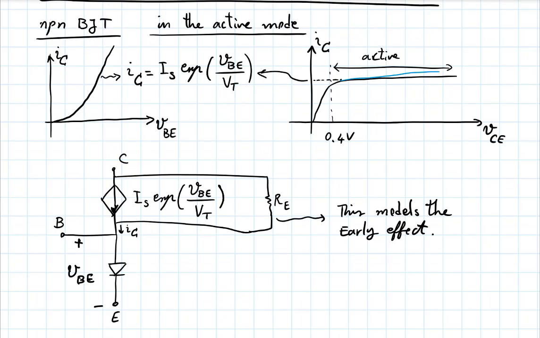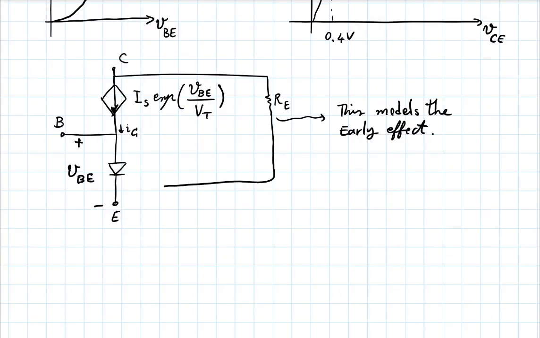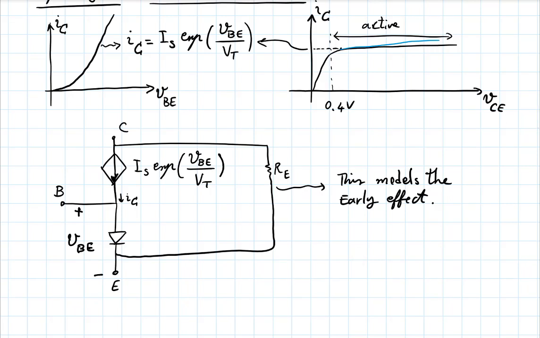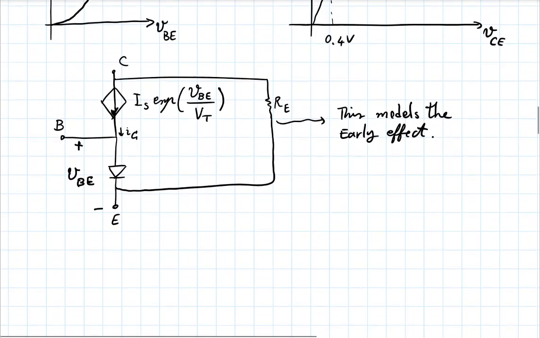So if I want to do that, then where should I connect that resistor? Instead of between C and B, maybe I should connect it between C and E. Is this now a good representation of what we want? A collector current that's the sum.